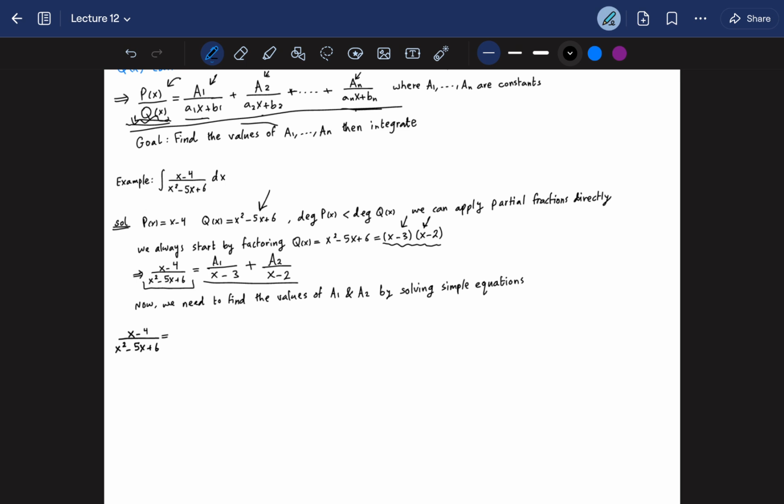So let me show you how that works. Now since I have two fractions, what's missing in the denominator here? Obviously x minus 2. So I multiply by x minus 2.